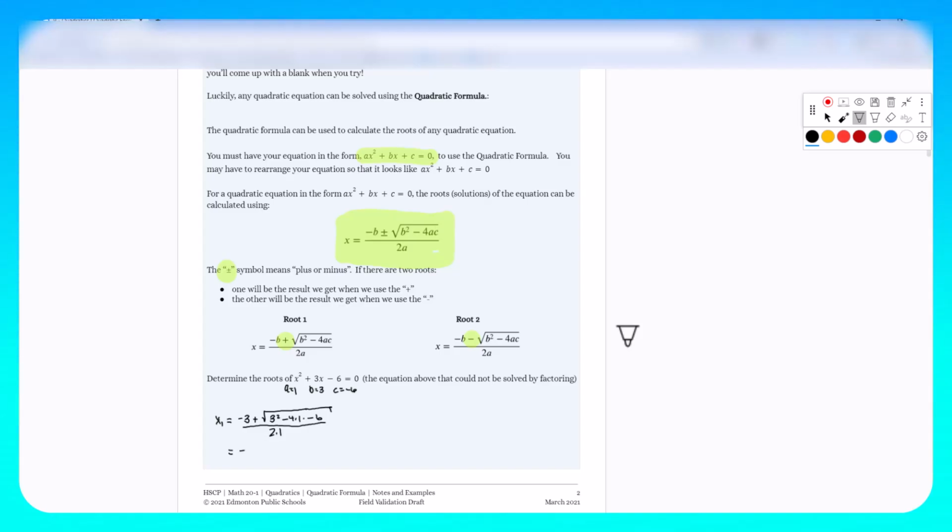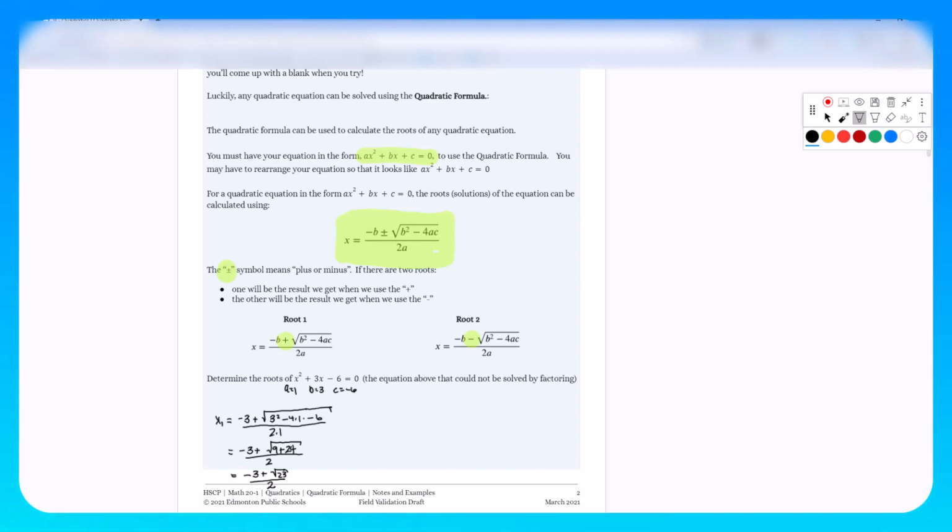So this equals negative 3 plus, now we have 9 plus 4 times 6 is 24, all over 2 times 1. And that gives us negative 3 plus the square root of 9 plus 24. Well, that is going to give us the square root of 33. And there we go. We now have a solution.